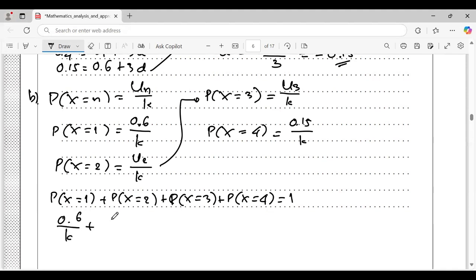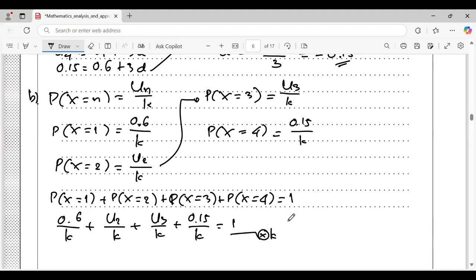Okay, this one, u second. Okay, this one, u third. Okay, 0.15 over k equal 1. And then multiply by k, all terms.